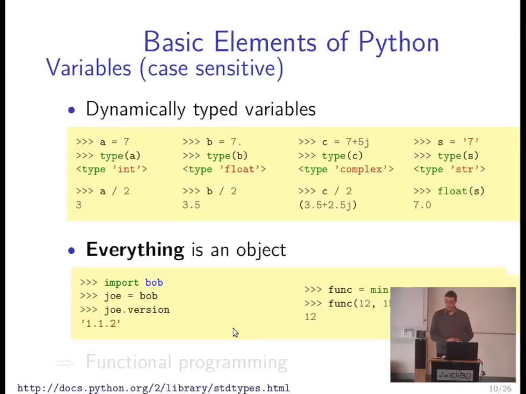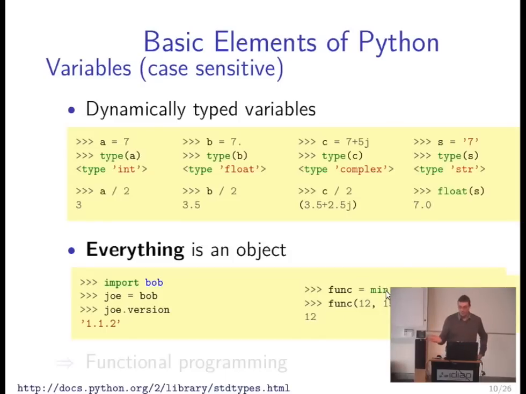And another thing is that functions are also objects, which means that we have the built-in function min, which just computes the minimum of two values. And this can be assigned to a variable. And this variable can then be executed with two values, and this will behave like the min function.